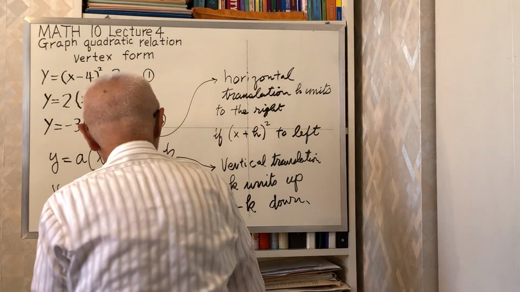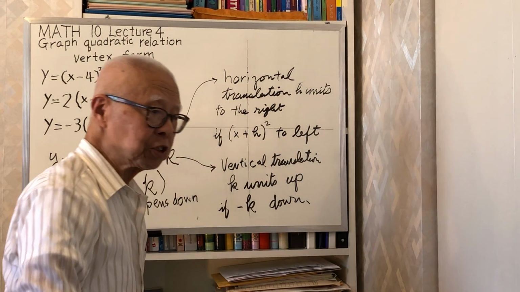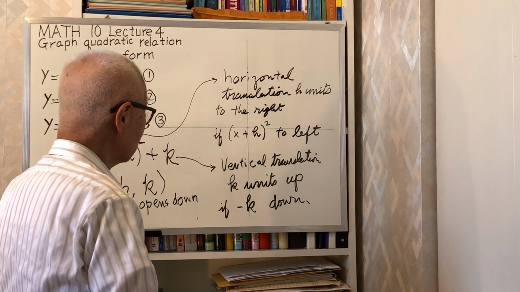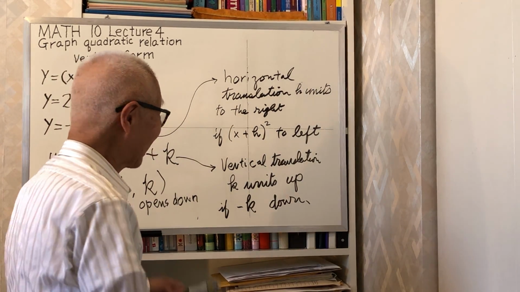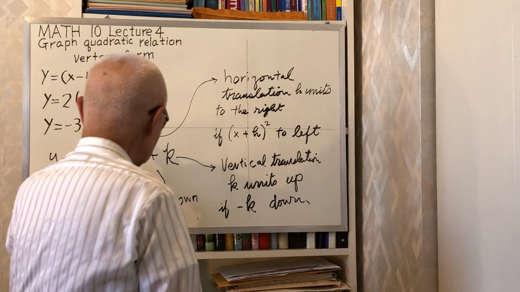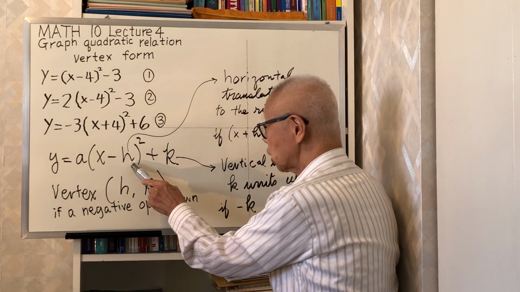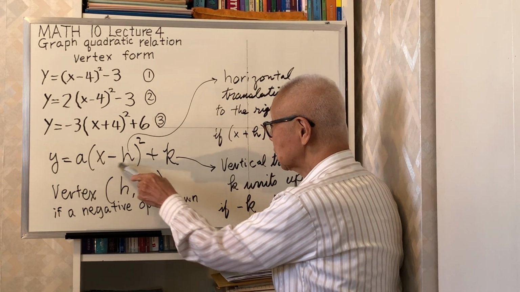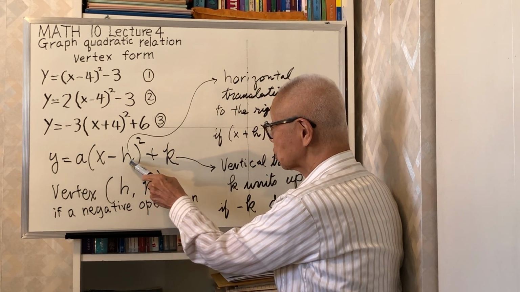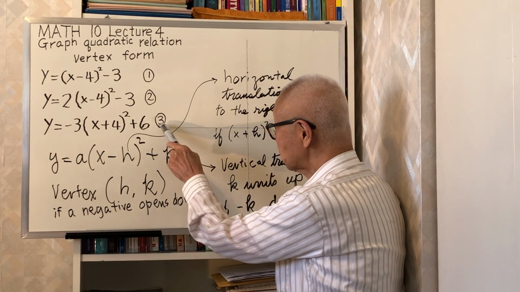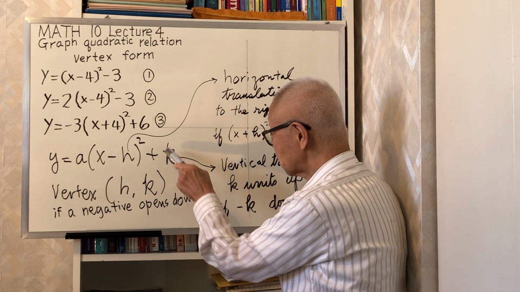So you got it? h, k means translation, horizontal and vertical. What you need to pay attention to is that if h is minus, the translation is to the right-hand side. If it's plus, it's to the left-hand side. But if this k is plus, it's up. And if this is minus, it's down.